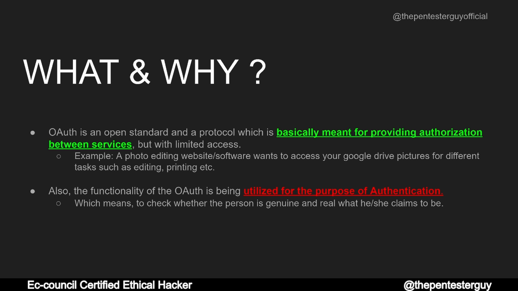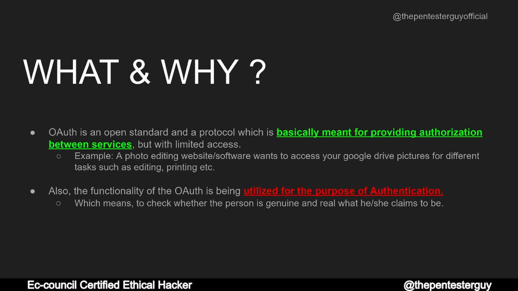You get an option to upload a photo, but you also get an option to access it from your cloud drives, in this case, suppose Google Drive. So how does this happen? How does the application get permission or authority to access the photos that are stored on your drive? This is what OAuth actually does. It provides permission to that application.